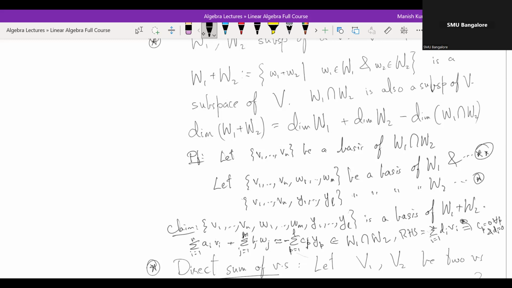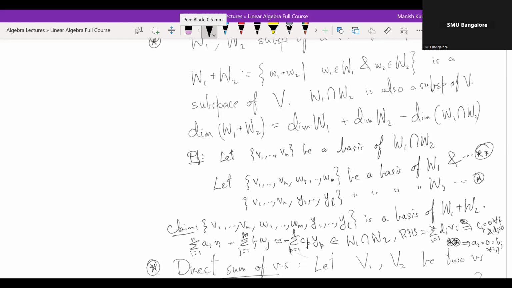So double star implies AIs equal 0 and so do BJs for all i, j. Okay. Is this clear?